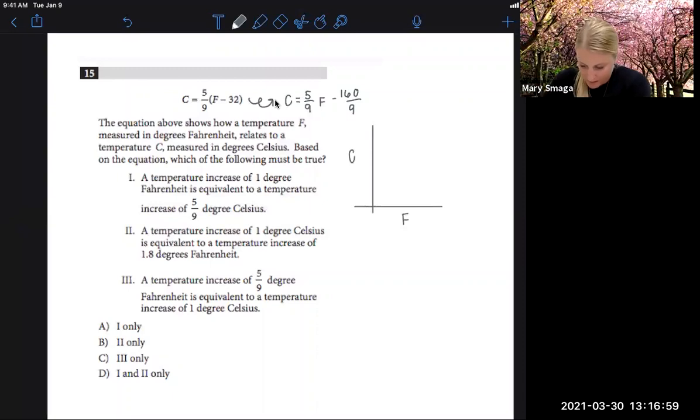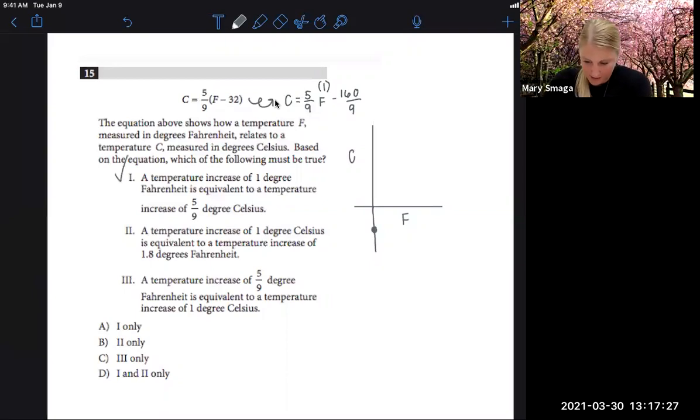And if we have a y-intercept at negative 160/9, a change of 1 degree in Fahrenheit means if F is 1, my Celsius will be increasing by 5/9, because that's my slope. So 1 would be true.